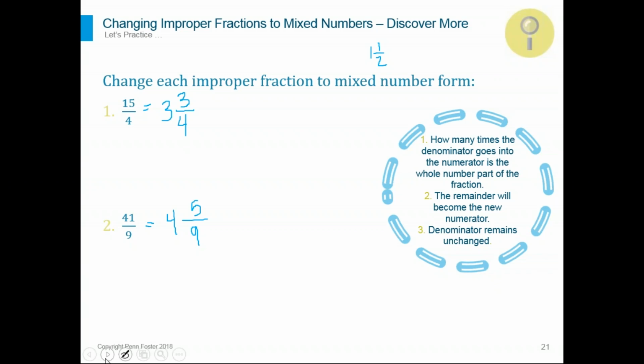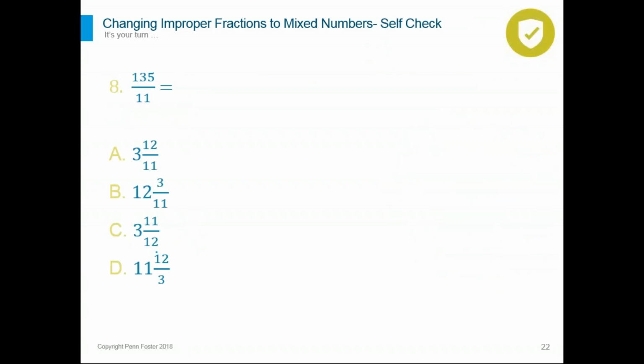Okay, let's do a question on how to change an improper fraction to a mixed number. 135 over 11. What would that be in the mixed number form? Some answers provided are not right, so you can tell right away that they are not correct.